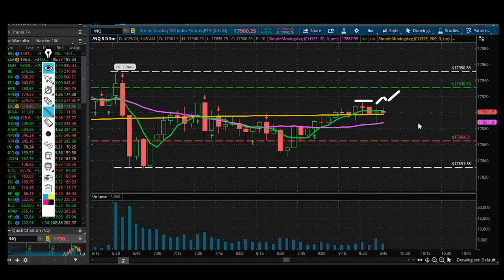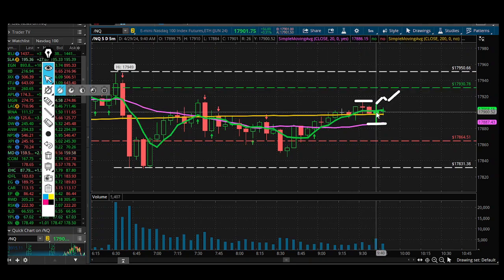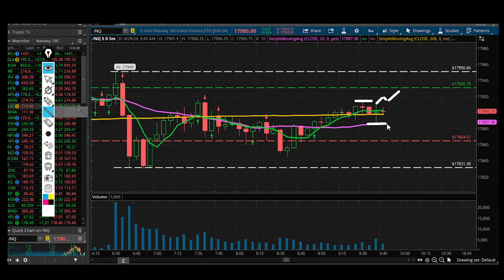Now to the downside, I would need to see price break this previous 5-minute candle low, which would be a loss of the 20 SMA, 17,884. Once price breaks 17,884, it needs to have a following candle pull back, go sideways, consolidate, bounce, do something, and or confirm that new low, which would be a confirmation of the 20 SMA play as well.